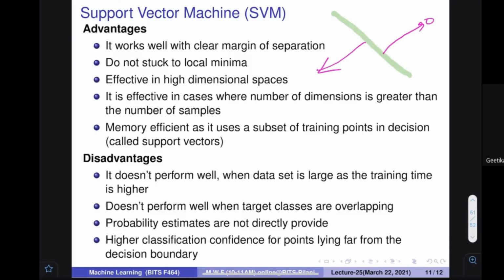We will discuss that in the next class. What I told you is that there is higher classification confidence for points lying far away from the decision boundary. This point has higher confidence than this point of being positive. For example, this is the positive class, so this is more positive than this. Sometimes it may not be that good an idea, so we will see why in the next class.